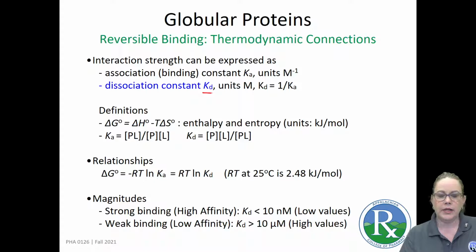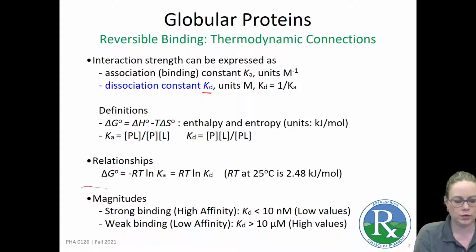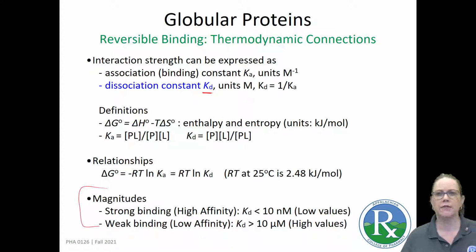We can relate those association and dissociation rate constants to the free energy, or delta G values. This is to see whether or not they're favorable or spontaneous, and to what extent. In this class, we won't be doing those calculations. What we're going to have you focus on is having a firm understanding of what the magnitude or values of these KDs mean.